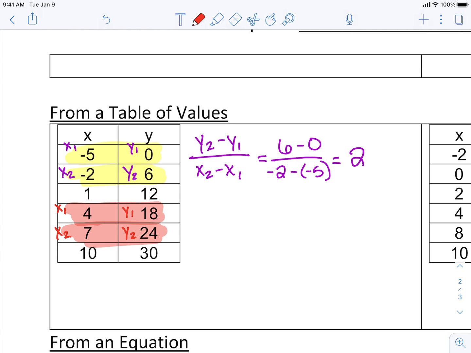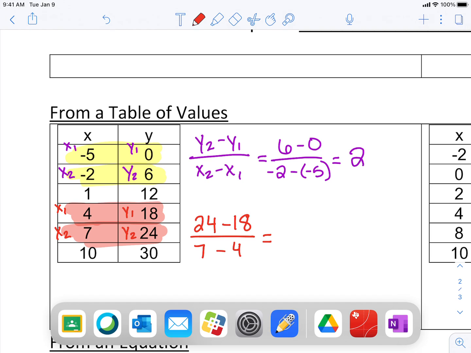So again, I'm going to plug the numbers that I have into the same exact formula. So I have y sub 2, which is 24, minus y sub 1, which is 18, over x sub 2 of 7 minus x sub 1 of 4. So I have 24 minus 18 and 7 minus 4.